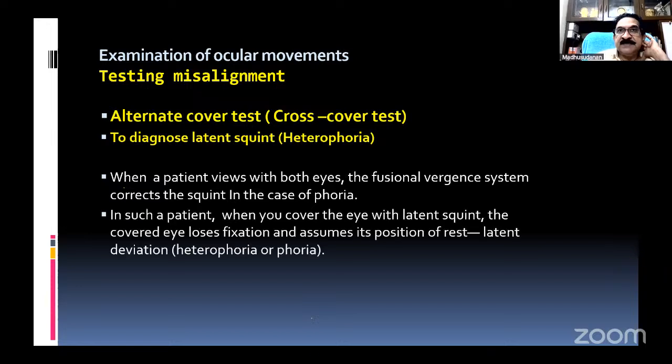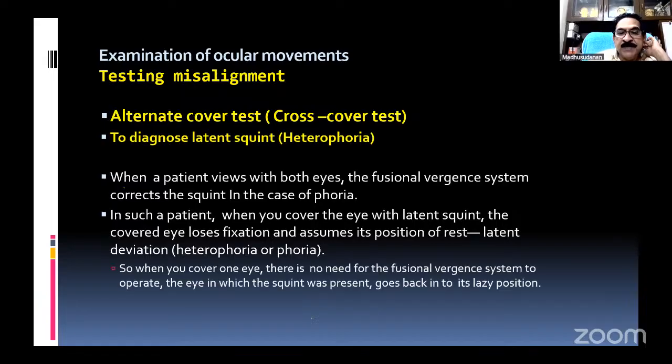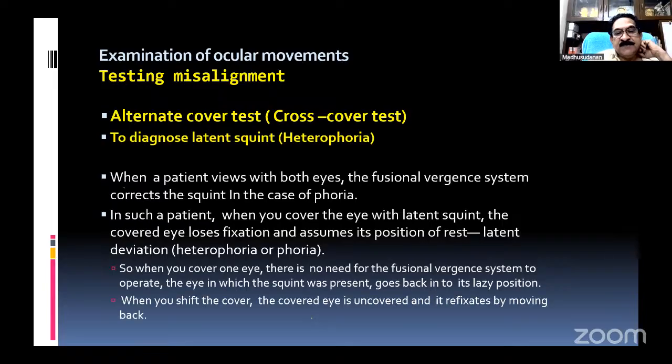In such a patient, when you cover the eye with latent squint, the covered eye loses fixation and assumes the position of rest, that is the latent deviation or heterophoria, and I'll show the diagram. So when you cover one eye, there is no need for the fusional convergence system to operate. The eye in which squint is present goes back into its lazy position. When you shift, the covered eye becomes uncovered and refixates, moving back.